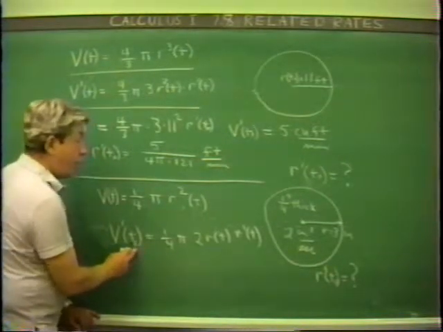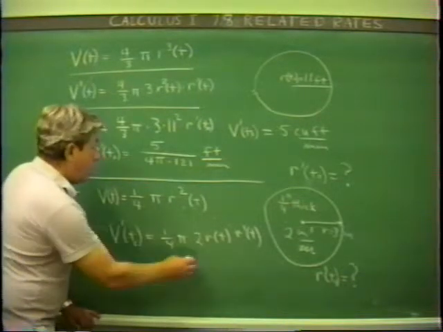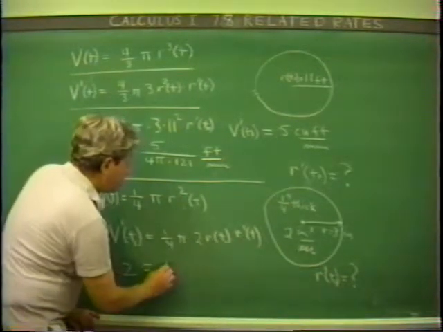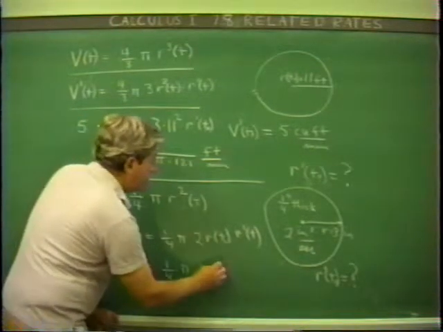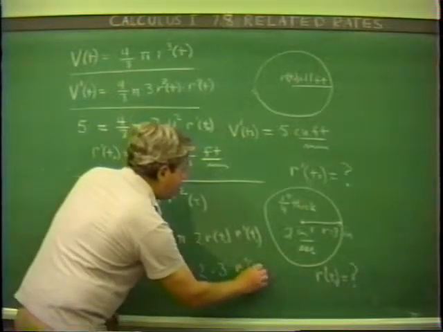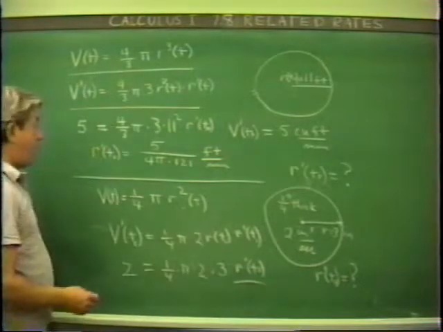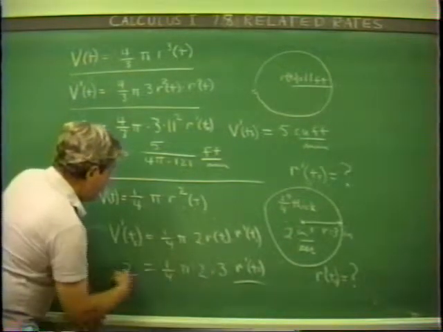And now we're ready to put in the data that we know at the time we're interested in. The rate of change of the volume at the time we're interested in is 2. This is equal to 1/4 times pi times 2. The radius at the time we're interested in is 3. And then we have r prime at the time we're interested in. And now we can clearly solve that for r prime at t naught.